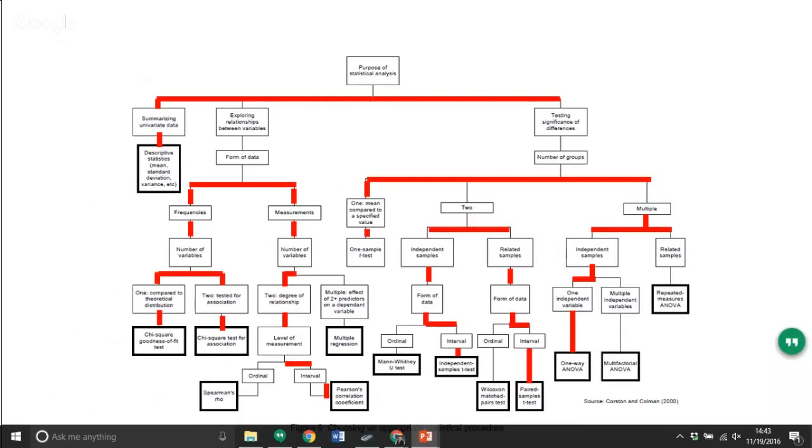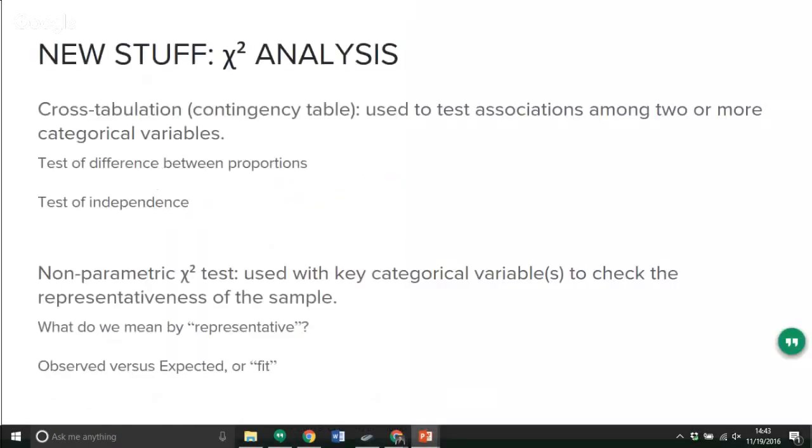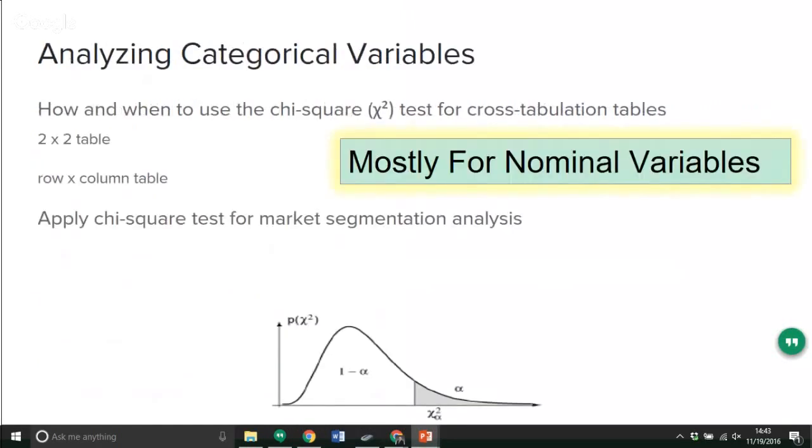So it's basically an observed proportion minus an expected proportion, although the actual test itself gets a little bit more complicated than that. So let's go back for a second here. When we're analyzing categorical variables, we're using the chi-square test for crosstabs tables, we're using it for contingency tables, and we can use it for a number of reasons when we're doing categorical variables.